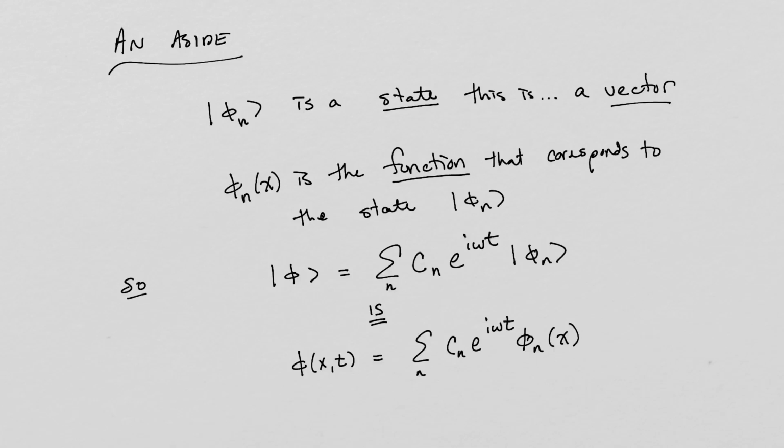Well, each of these functions phi sub n of x represents what is a state that I'm going to write as a vector phi sub n. Okay. So when you're thinking about the function space that is defined by this physical situation, you have all of these different basis vectors.